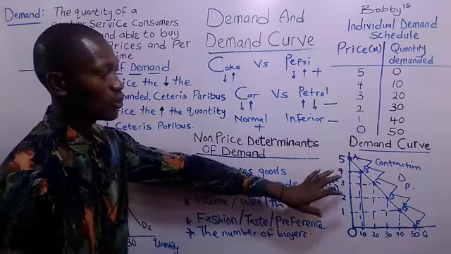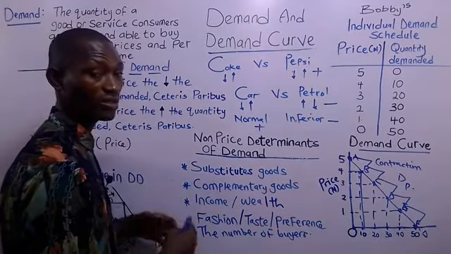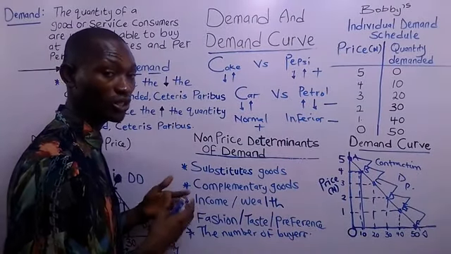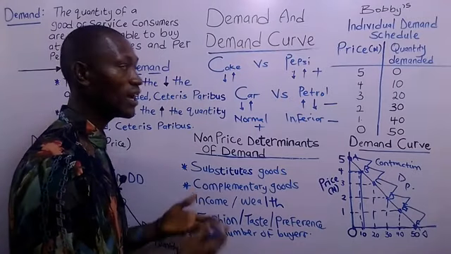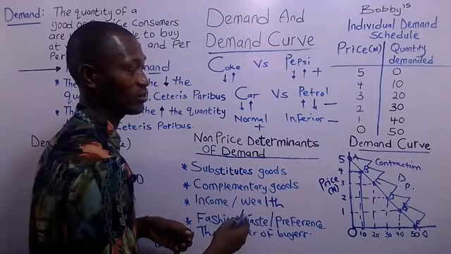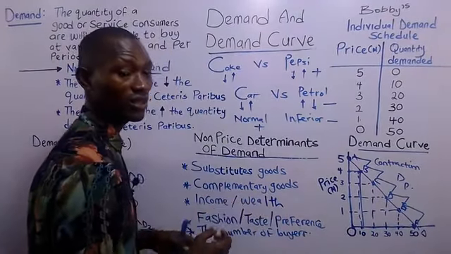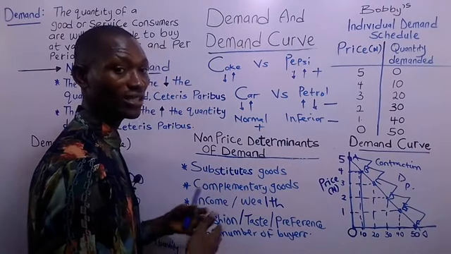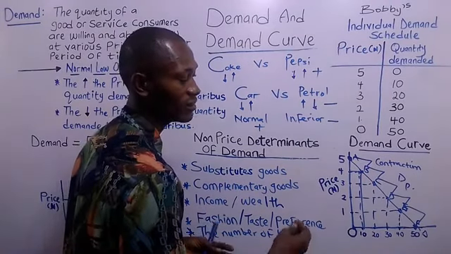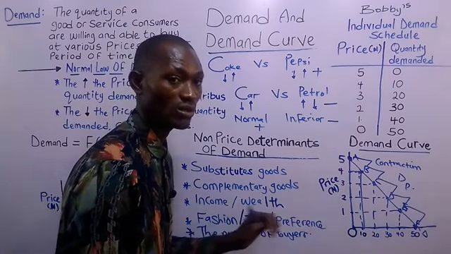And also, the movements along the demand curve occur primarily by the change in the price of the commodity in question. Downward movement means extension or expansion, and that is because the price of the commodity in question decreases or falls.